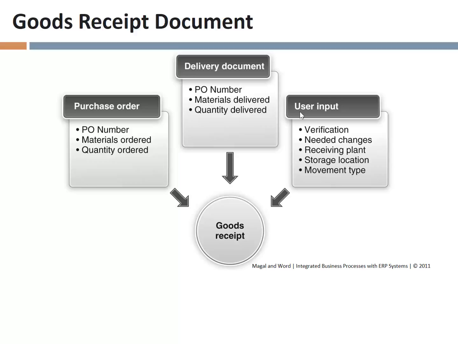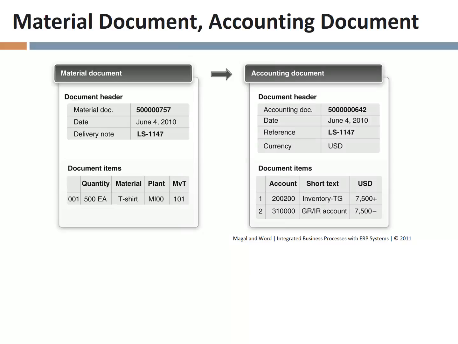So that's that document. Well, two other documents get created here that are of great importance to us, and that is a material document and an accounting document. Now, this is a bit of a review from what we talked about last time, but it's a good place to reinforce this. Material documents focus on quantities.